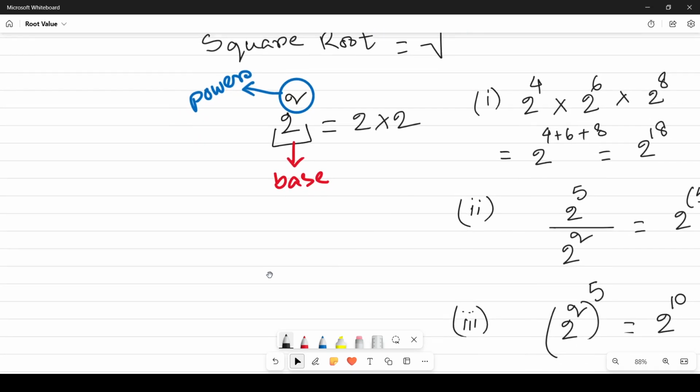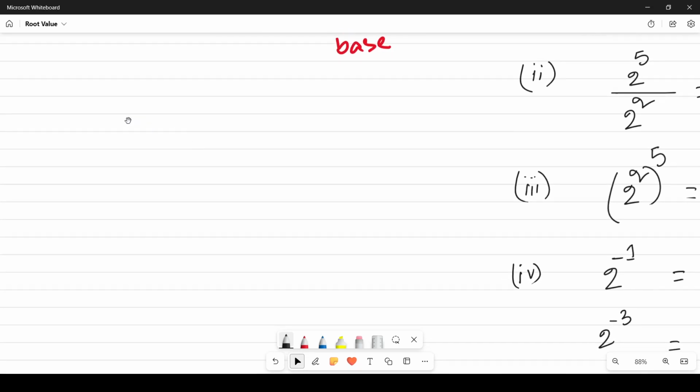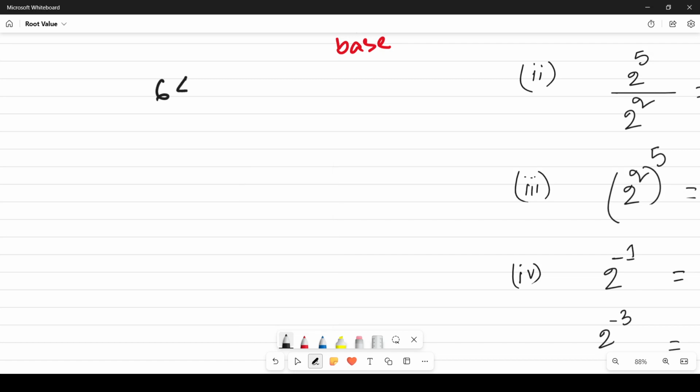Now let's calculate the square root of a number. Let's start with an easy number, 64. So we want to square root this 64.